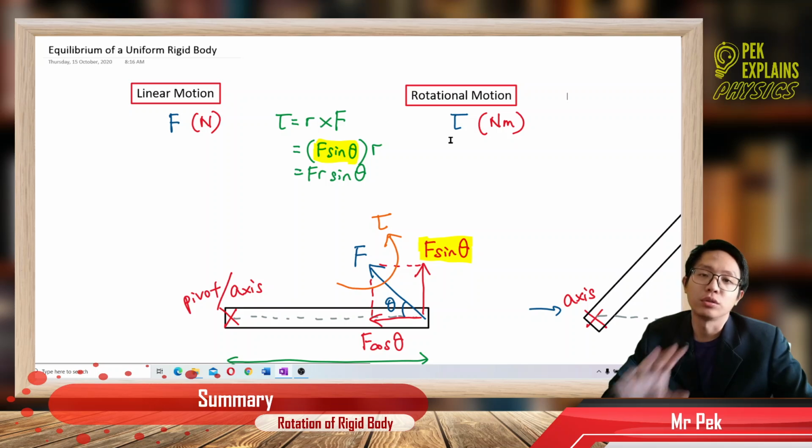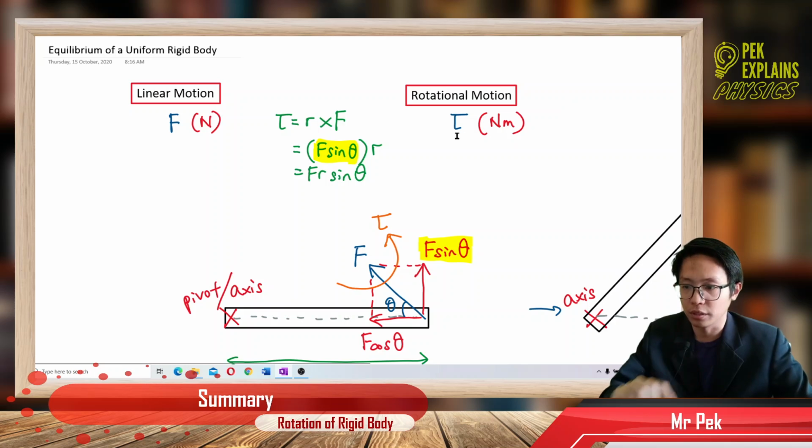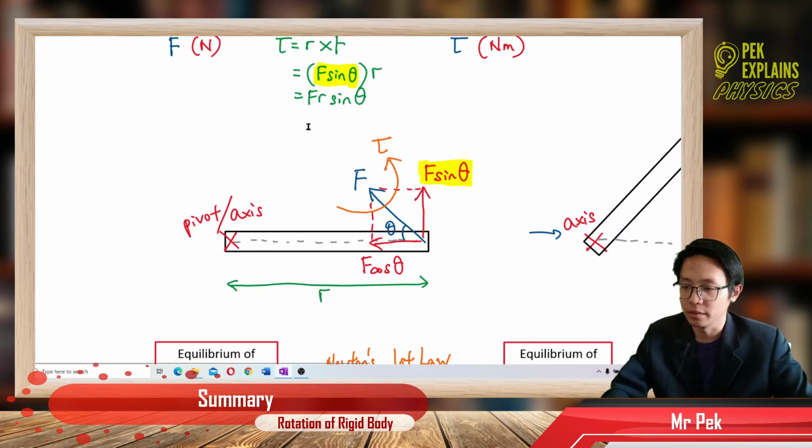As I said, torque will make something rotate. To make something rotate, we need the distance R and also we need a force. So how to get the distance R? See, I have a rod, and this rod is fixed at this point, which we call the axis of rotation, or pivot.